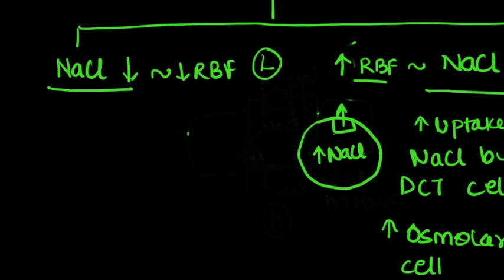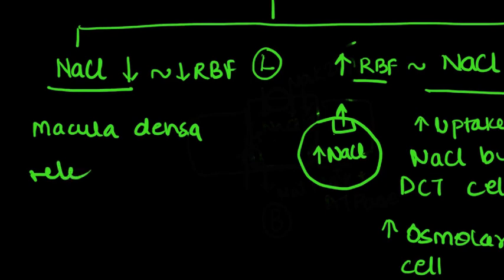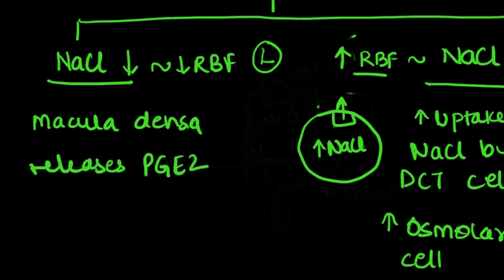The sodium chloride is sensed by the macula densa cells. The macula densa will then release PGE2.